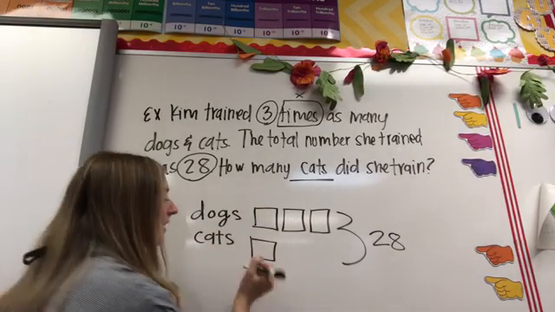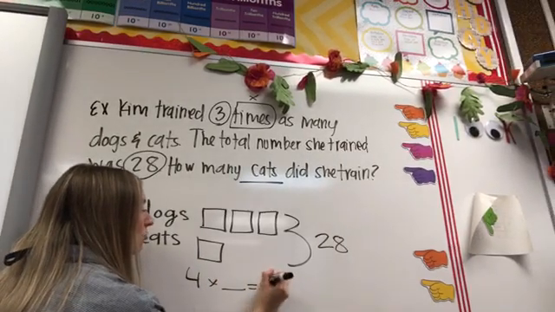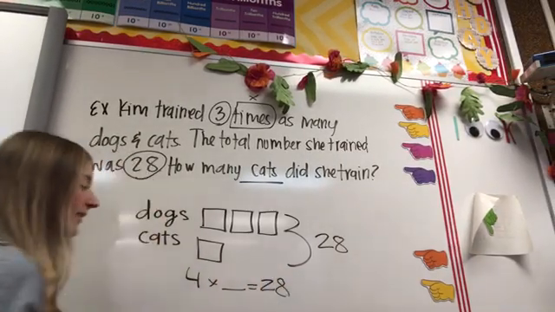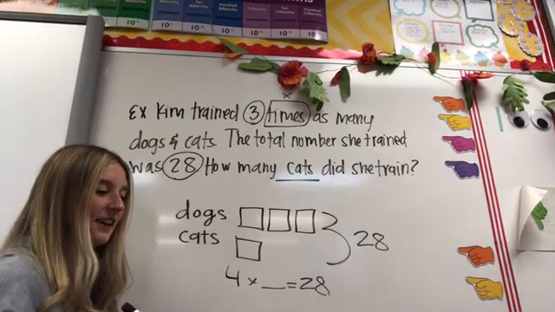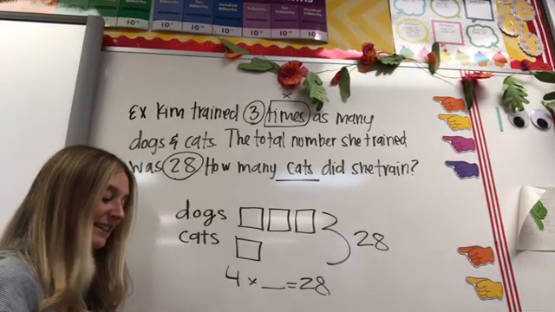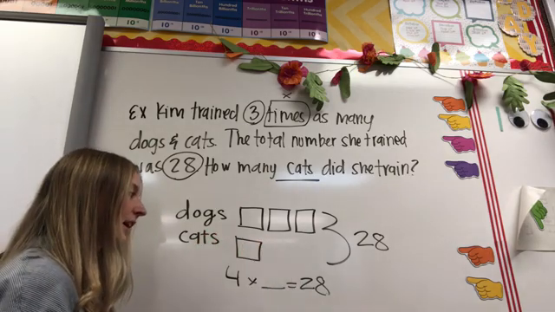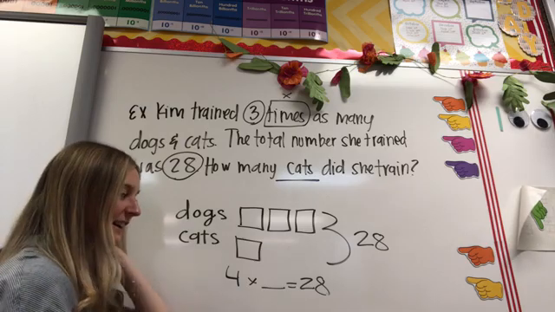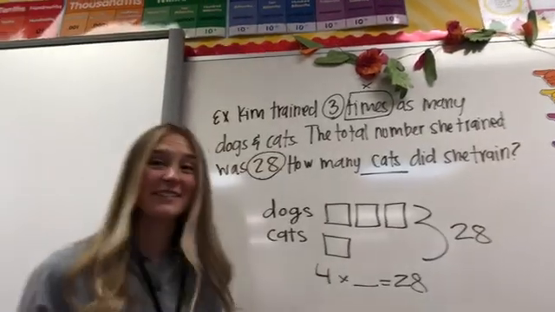We have to think, 4 times what is going to give us 28, because we've got to know how much each box stands for. All right, if you think 4 times, I think it's 9, if I check, that would be, oh, no, that's too many. Okay, 4 times, keep going. Any thoughts? 4 times 7, okay?